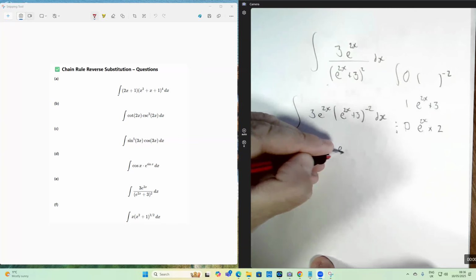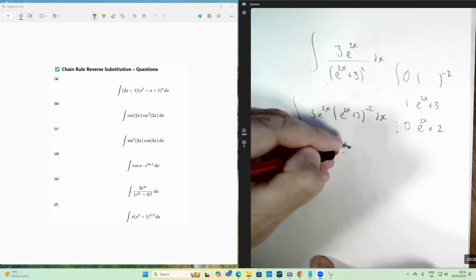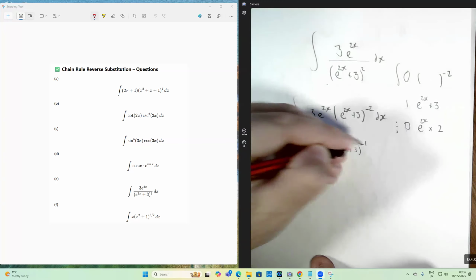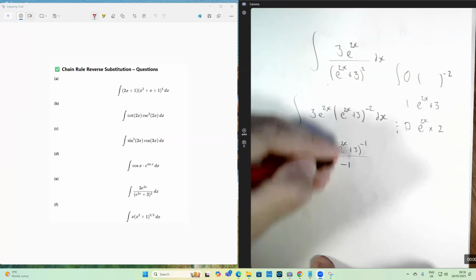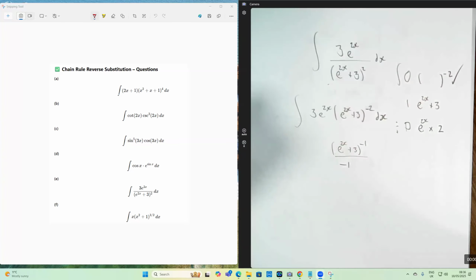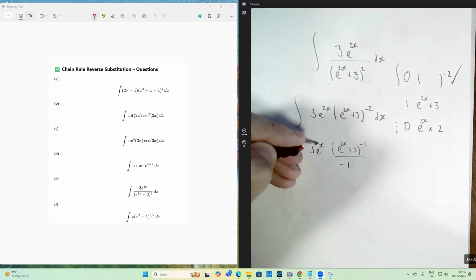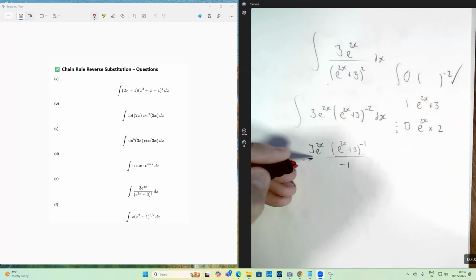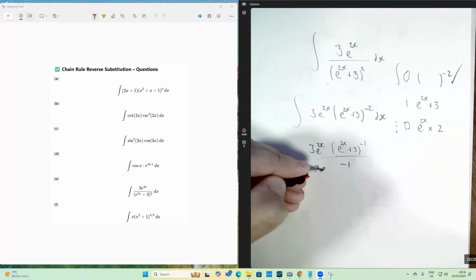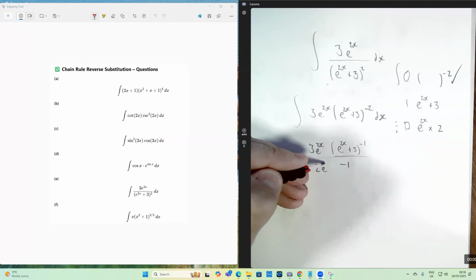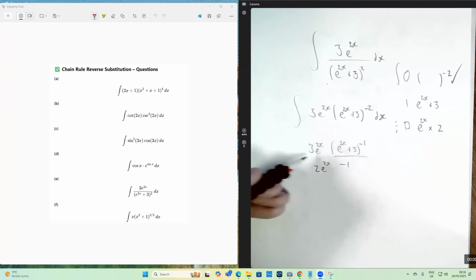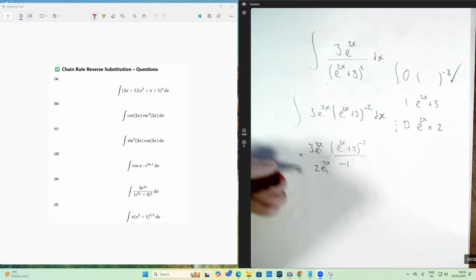So that's going to go to e to the 2x add 3 to the -1 divided by -1. So I've integrated my outer function, and I'm now going to divide by the derivative of the inner function, which is 2e to the 2x. So that cancels.